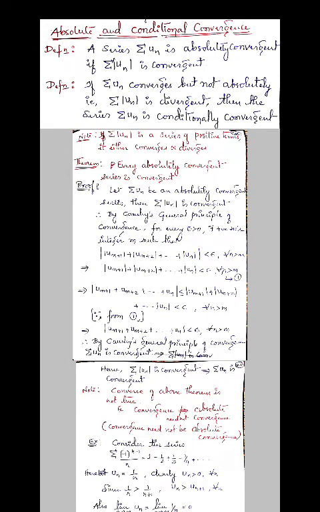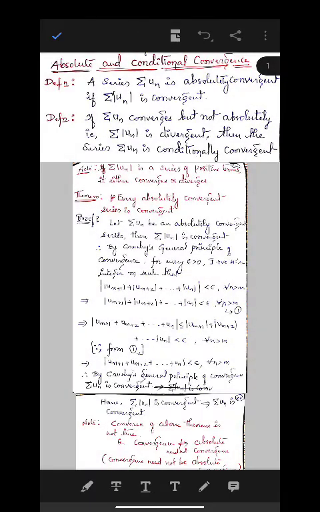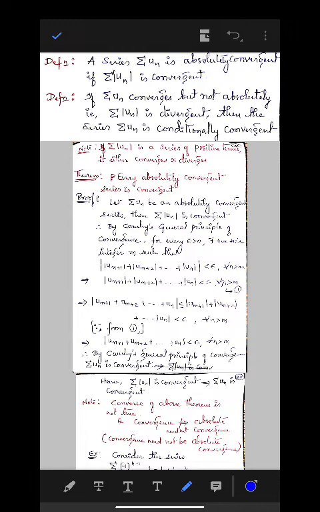So a series summation un is absolutely convergent when the summation over modulus un is convergent. Then I can say that summation un is also absolutely convergent, right?